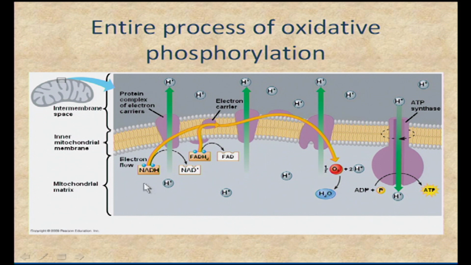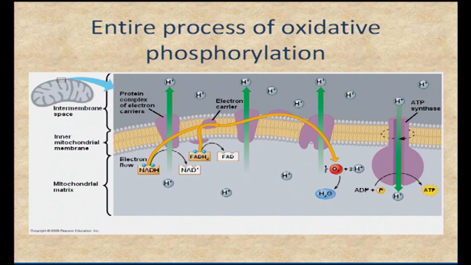So FADH2 comes up and basically dumps their electrons to this first guy. And then of course that NADH becomes oxidized. Same thing with FADH2 here, dumps the electrons and becomes FAD. So it is the oxidation of these coenzymes that drives this entire electron transport chain.